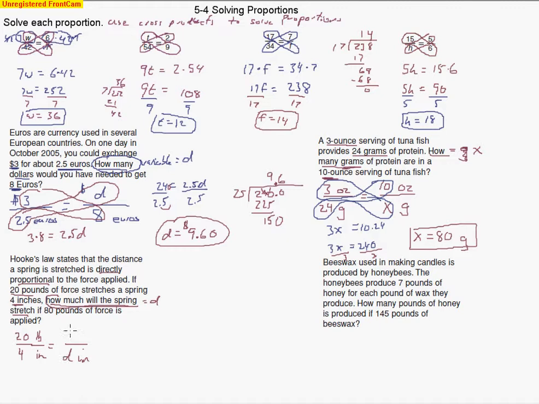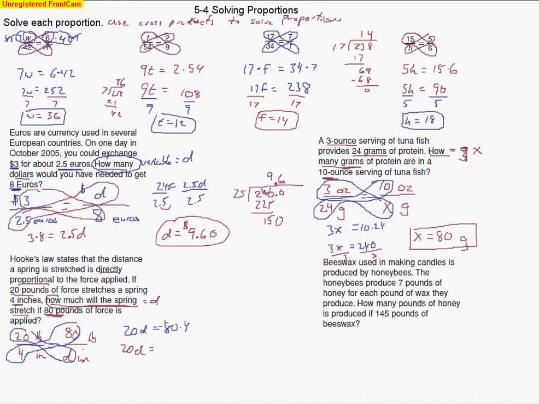We'll use D for an 80 pounds of force applied. So 80 pounds. And then we go ahead and solve. Now we're going to solve by cross multiplying. 20 times D equals 80 times 4. So we're ready to multiply. So we've got 20D still.